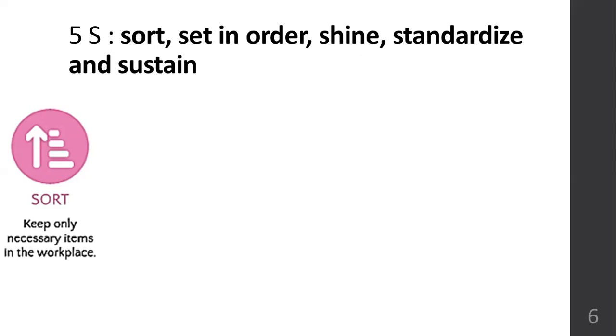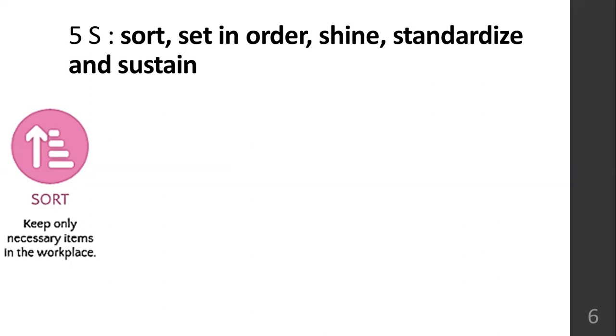First you have a dump of items, half of which will be used in the future and the other half is no longer required. So you sort them out, what is required and what is not required, and you red tag them. As soon as you go around and see things that are no longer required, you put a red tag on them. All the red tagged items will be removed, either thrown into junk or given to some other department, or to the maintenance department where they can scrap it.